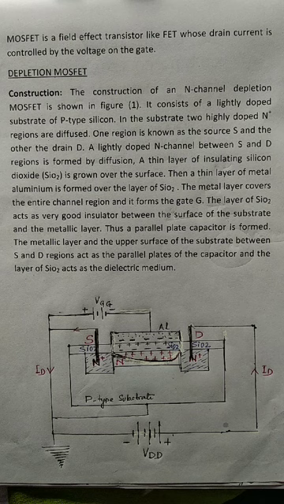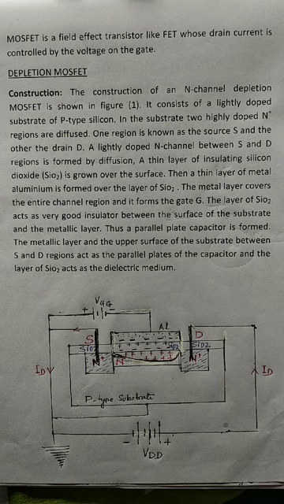Now, what is its function? To amplify the signal. Actually, MOSFET is used to strengthen the input signal. Its another function is as a switch. BJT and MOSFET are both transistors.